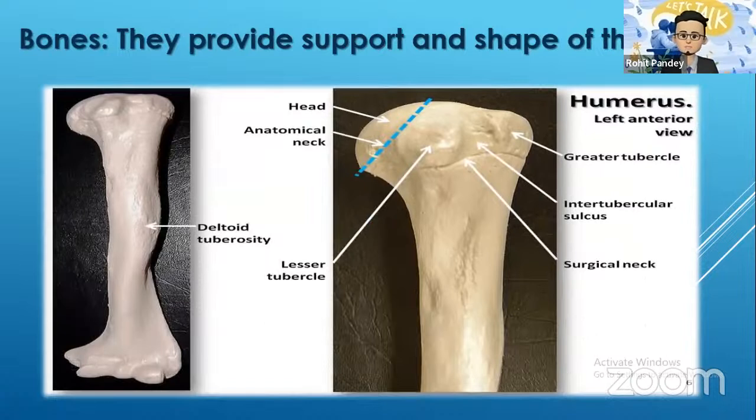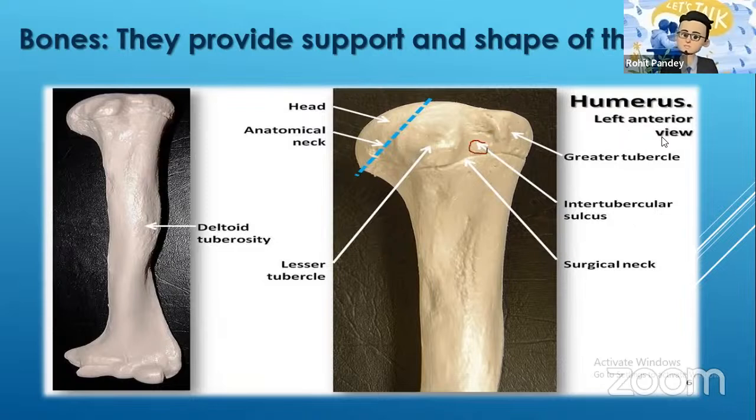Here you can see the deltoid tuberosity, the head of the bone, the anatomical neck, the lesser tubercle, the greater tubercle, and the intertubercular sulcus.